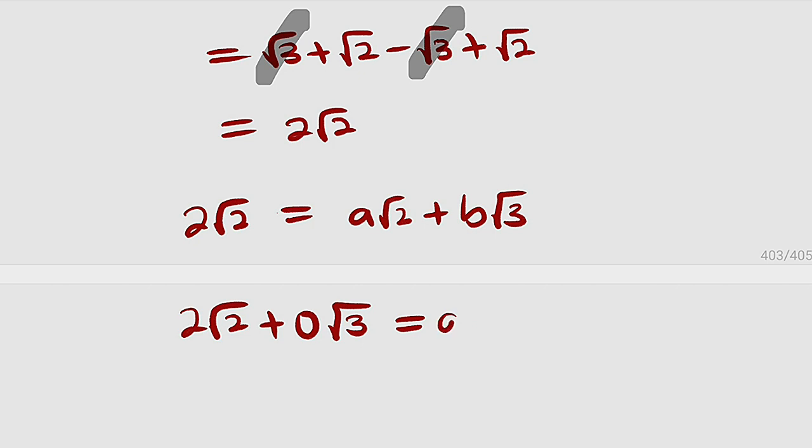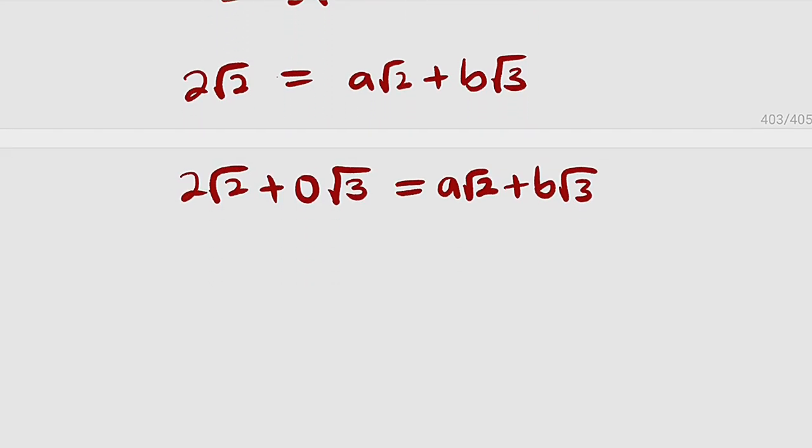This is equal to a√2 + b√3. By relating the left and the right-hand side, you can clearly see that 2 is equal to a and 0 is equal to b. So a is equal to 2 and b is equal to 0.